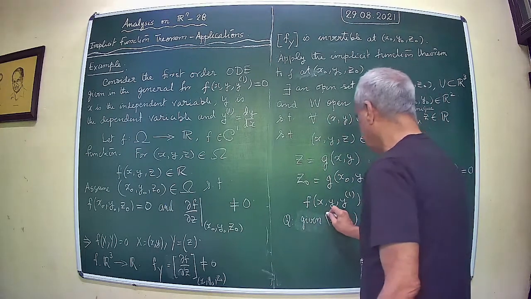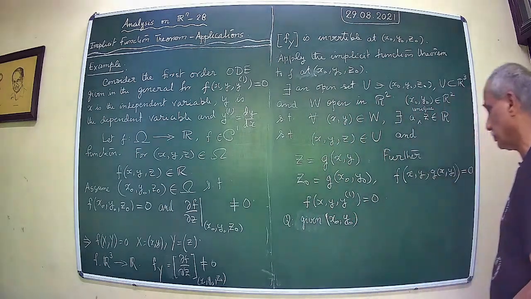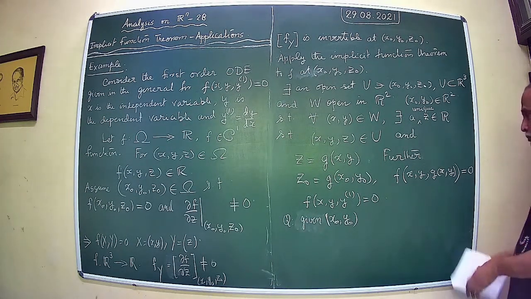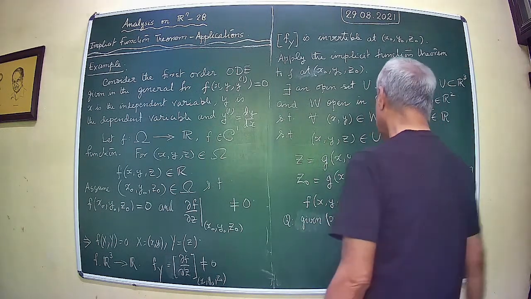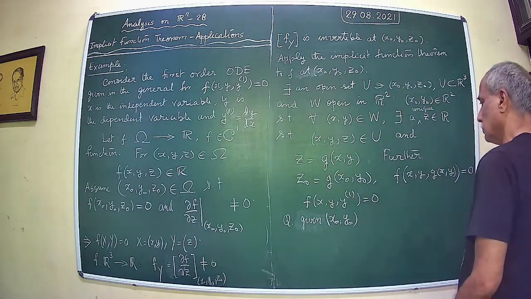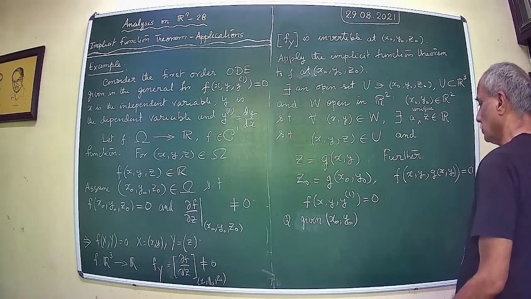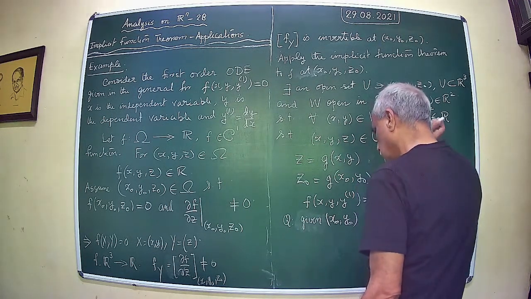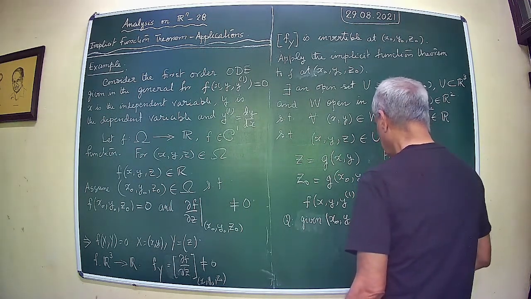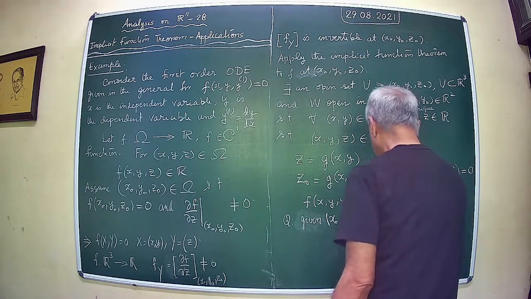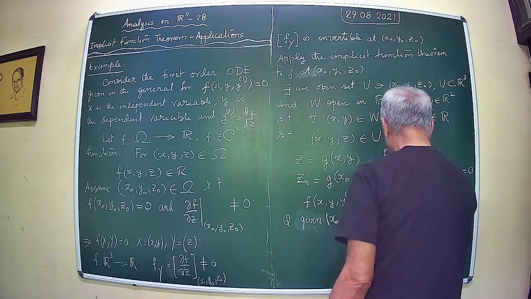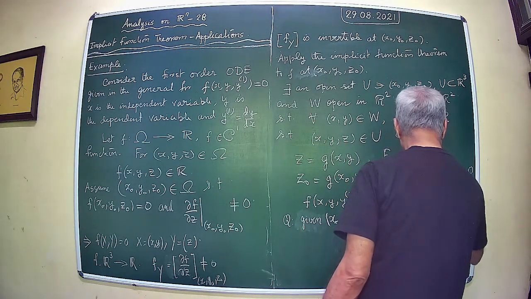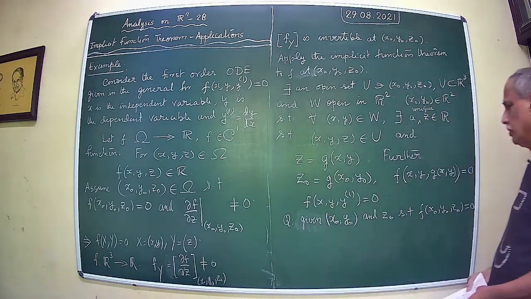Given x naught, y naught, and z naught equal to 0.